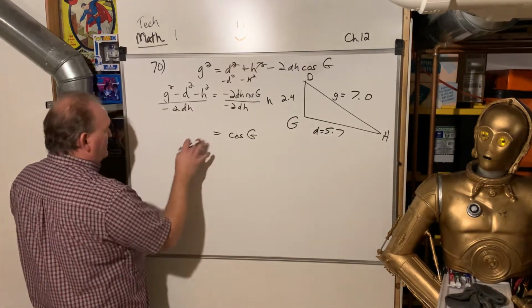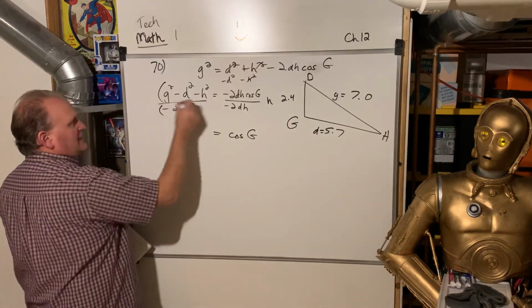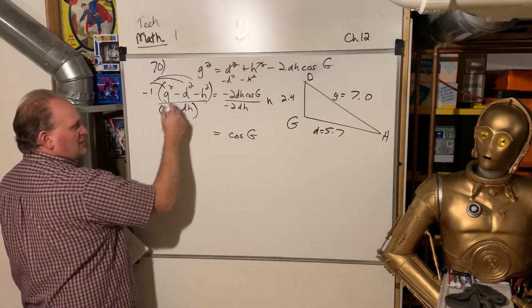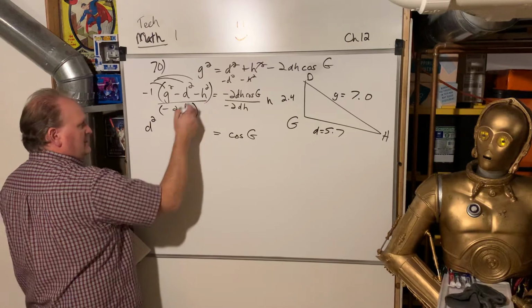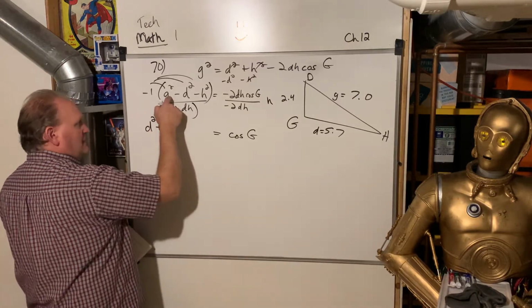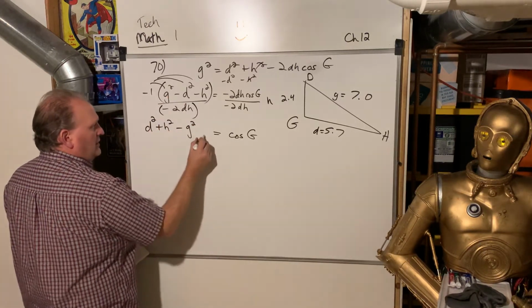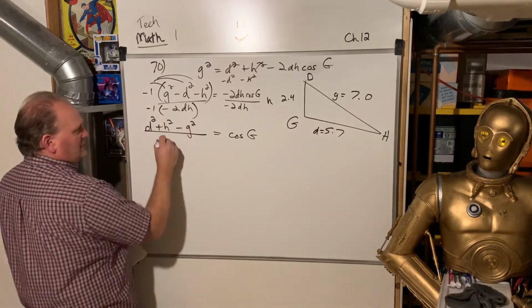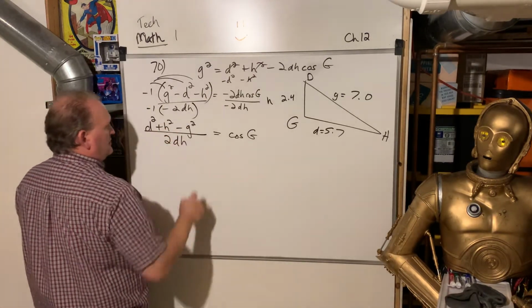If that bugs you, you can multiply the top and the bottom by a negative 1, and they rearrange it. So they put this first, d squared, this second, plus h squared, this third, minus g squared, over, and we do a negative 1 on top and a negative 1 on bottom, so it's over just 2dh, okay?